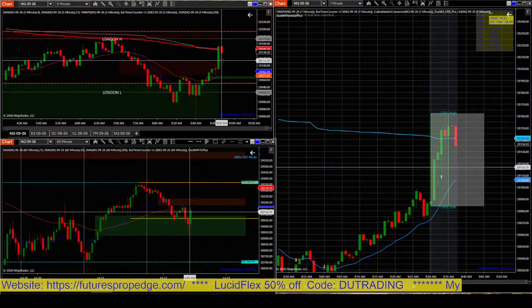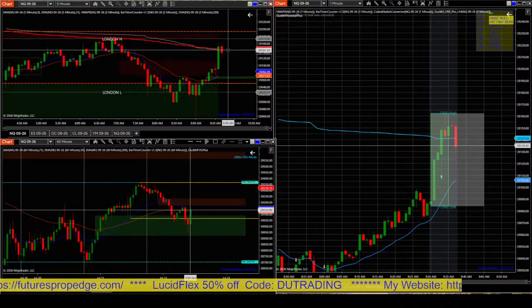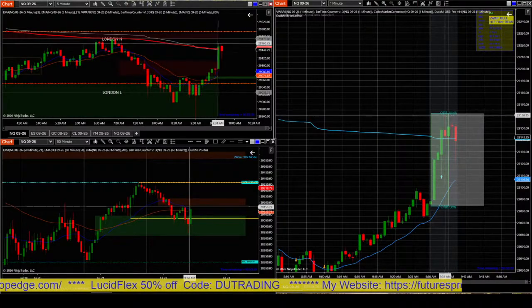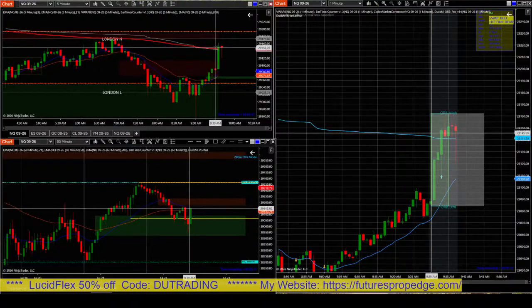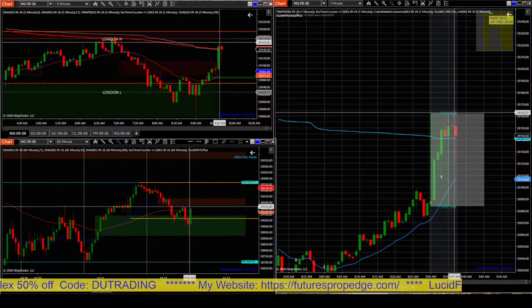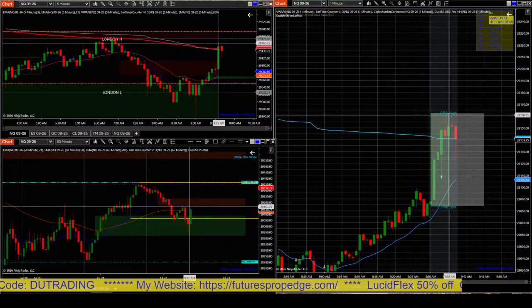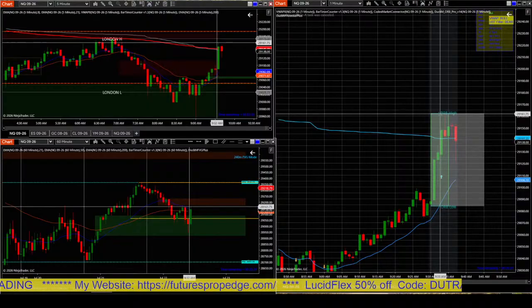On the next 5 minute candle, we could catch that three bar, which will probably be the opportunity to catch the breakout out of this ORB here. So we'll see.